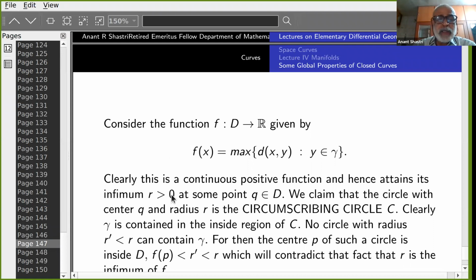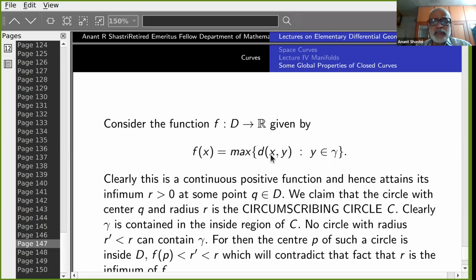So this is elementary real analysis. Clearly this is a continuous positive function and hence attains its infimum. Now the next step is that the maximum itself is a continuous function of x. See, in this definition x was fixed, f(x) is this one. For that, we use the continuity of d, the metric.